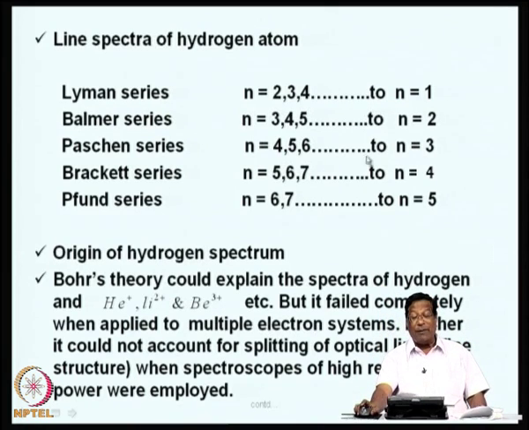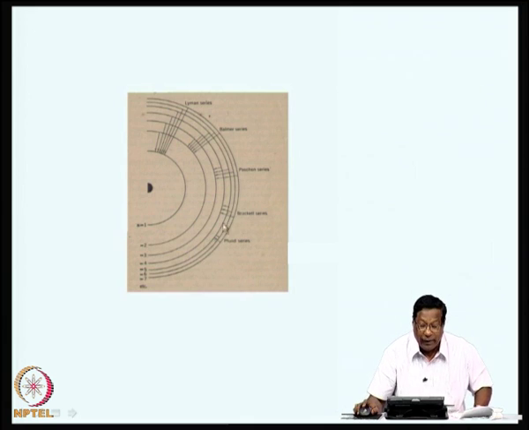Similarly, you can imagine when n is equal to 3, corresponding electronic changes can occur from 4, 5, 6, etc. Similarly, n is equal to 4, n is equal to 5, and when you look at the spectrum, you will see what are called the Lyman series, Balmer series, Paschen series, Brackett series and Pfund series. Now, let me take you back to this figure.